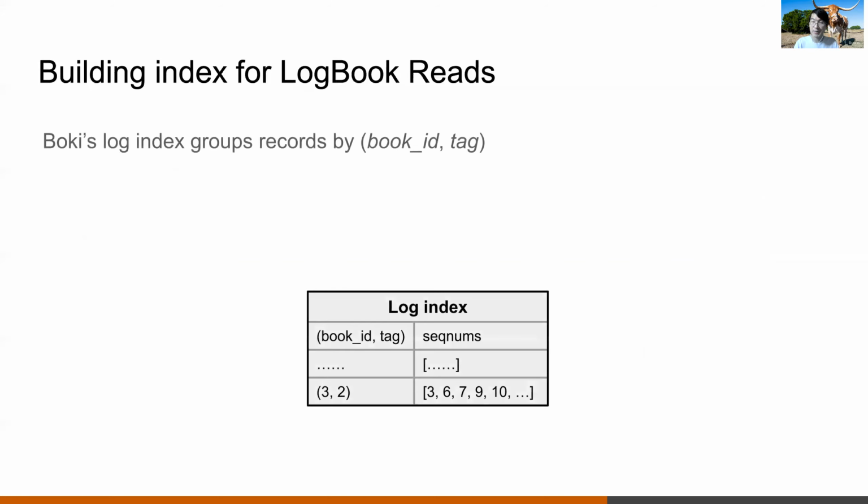Given the semantics of logbook reads, Boki builds a log index which groups records by book ID and tag. For each pair of book ID and tag, the index maintains a sorted list of sequence numbers for matched records. For a logbook read, we first find the corresponding index row and perform a binary search in the sequence number list to find the sequence number of the result record.